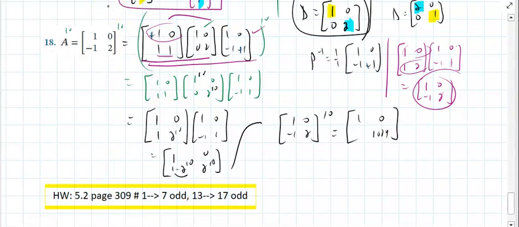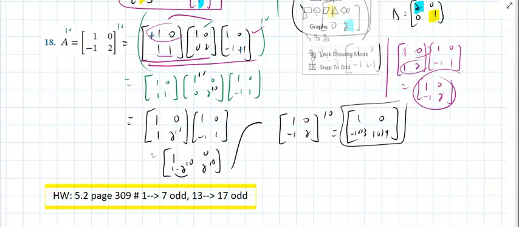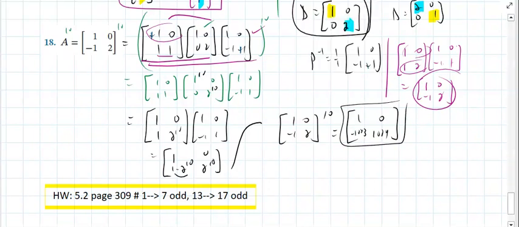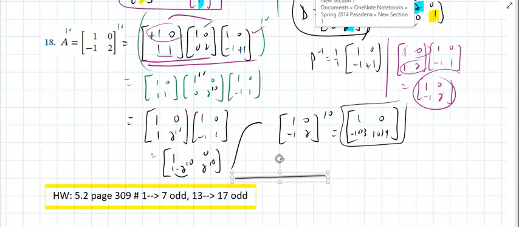And 1 minus 1024 is negative 1023. And that's pretty much the main use, and it's a really big deal of how to use eigenvalues and eigenvectors, and in class I'll mention that, why is that, and elaborate on that.